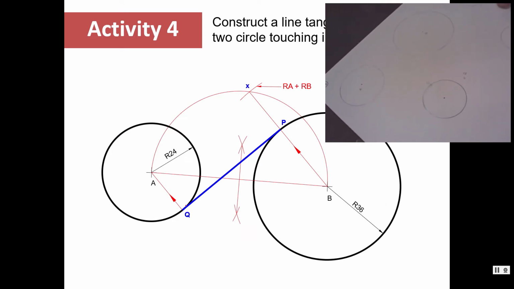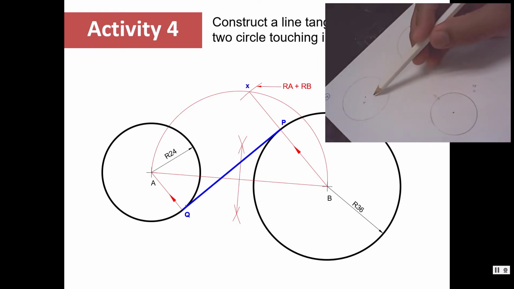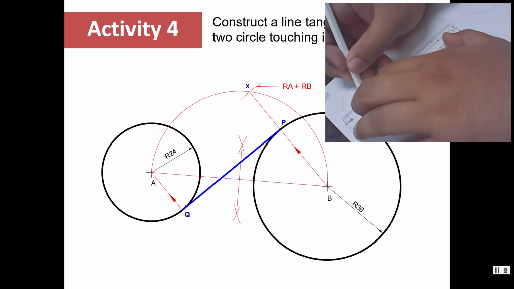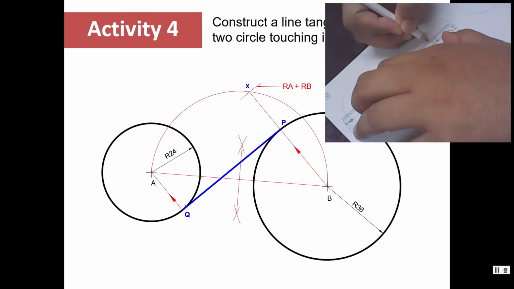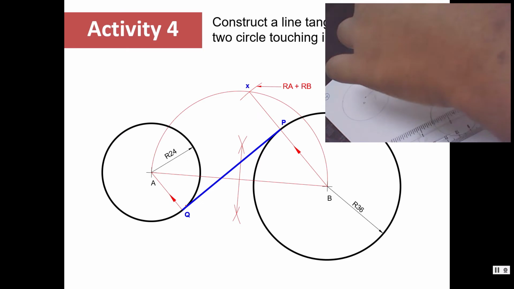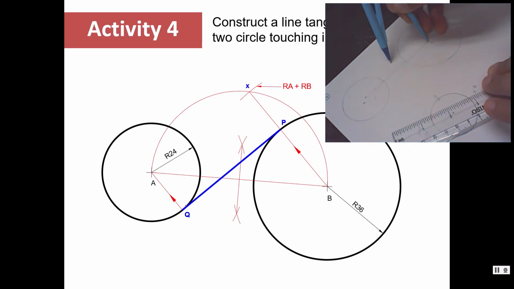Okay, so we have two circles here, this is the A circle and the B circle. So the first step is to draw a straight line to connect these two center points A and B. Okay, and then the next step is to find the midpoint of this line.